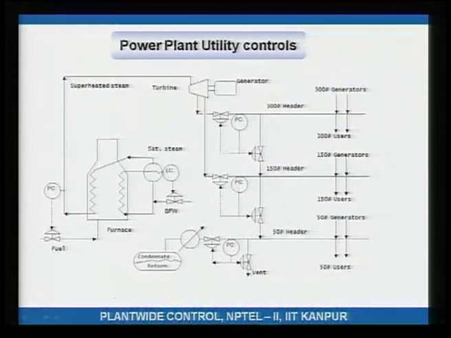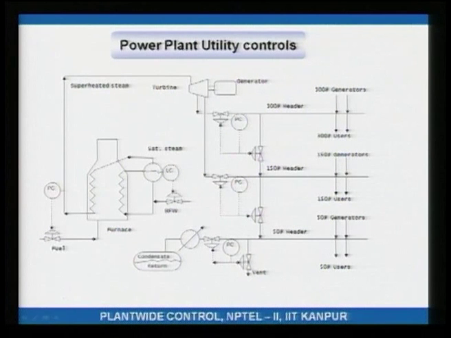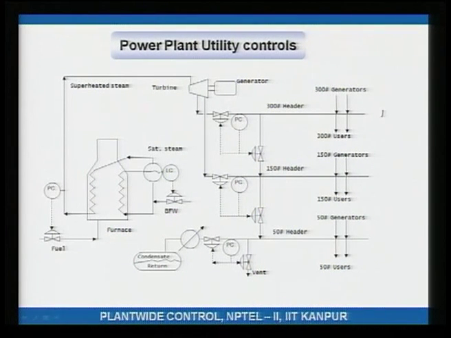Now, what are the controls? Well, if the pressure in the 300 pound or this 20 atmosphere high pressure steam header is increasing, what do I do? I dump. That means there is more steam coming from the generator than is being consumed, therefore the pressure is rising.